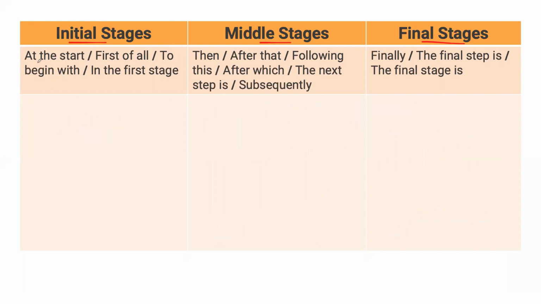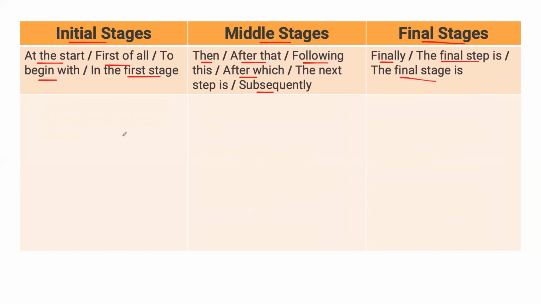So for example, we have at the start, first of all, to begin with, in the first stage, in the middle stages, then after that, following this, after which, the next step is, and also subsequently. The final stages, we have finally, the final step is, or the final stage is. So really commit these to memory. Think of how you can use them in your essays, and this will really help your language score.